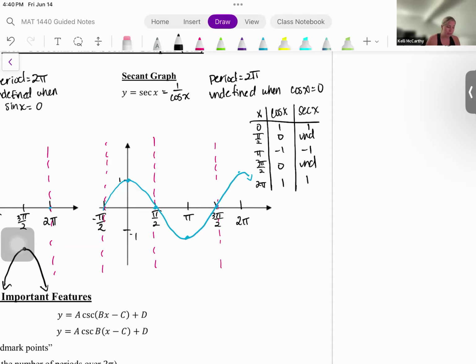When we graph secant, we're going to have points at 0, 1, pi, -1, 2 pi, 1. And we're going to mirror that graph of cosine, staying within the bounds of the vertical asymptotes. So we're going to have this parabolic shape there, another parabolic shape there, and then there will be one over here as well.